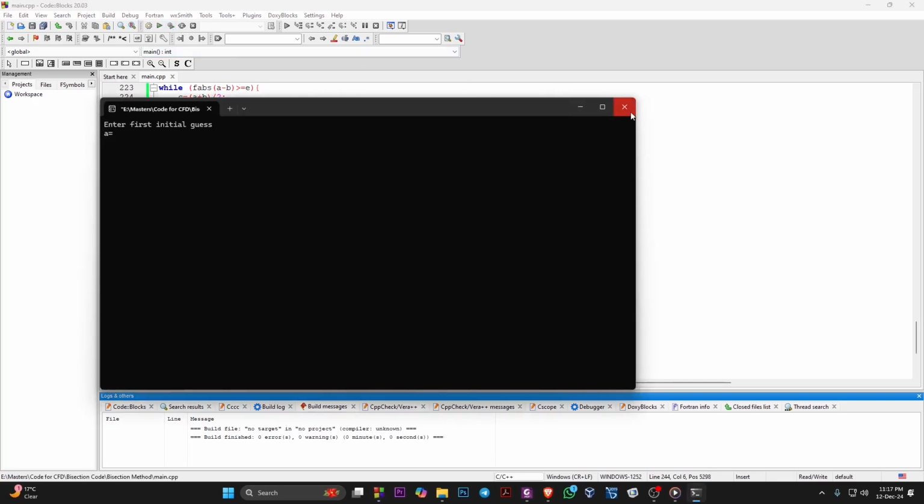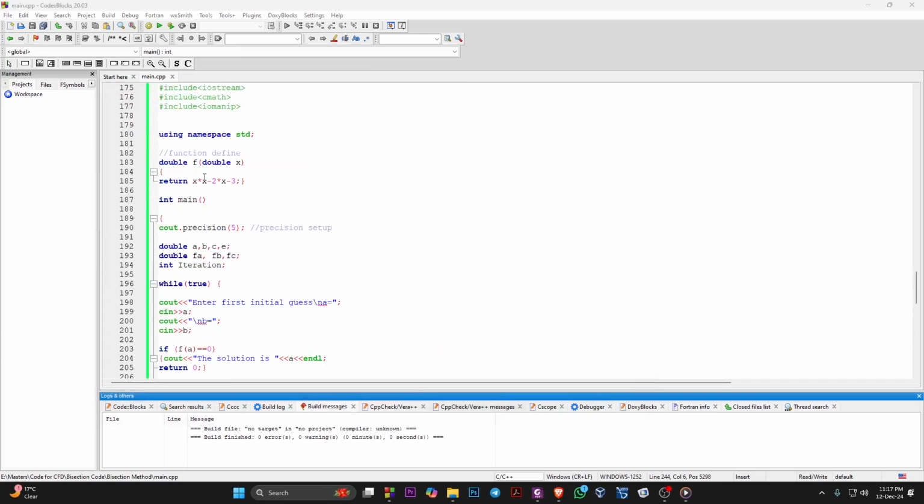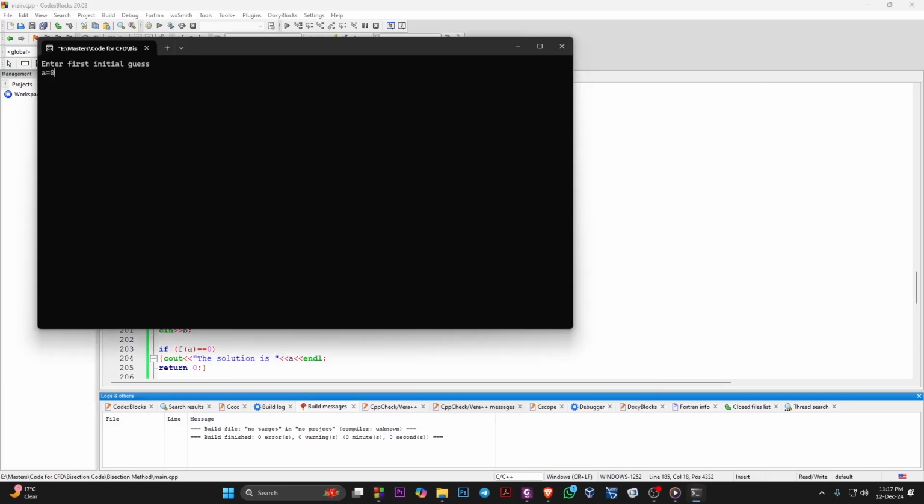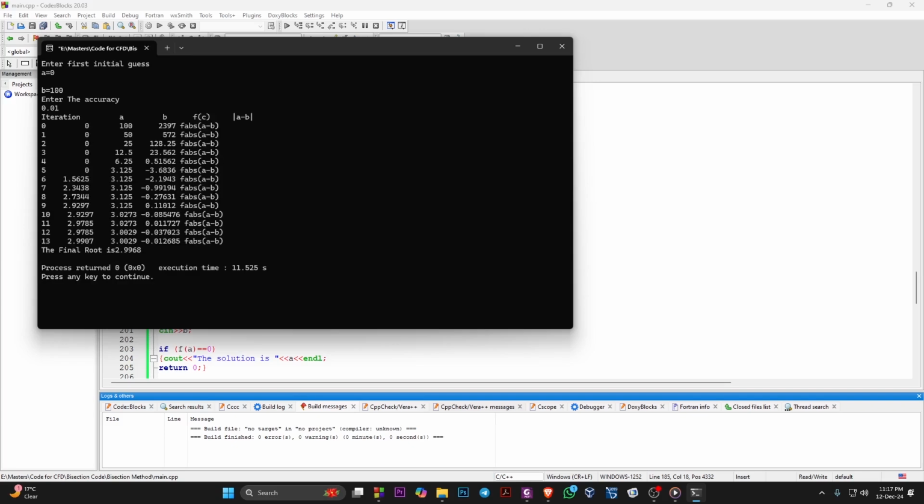Okay, our equation was x square minus 2x minus 3. So okay, run this problem for 0 and for 10, with 0.01.